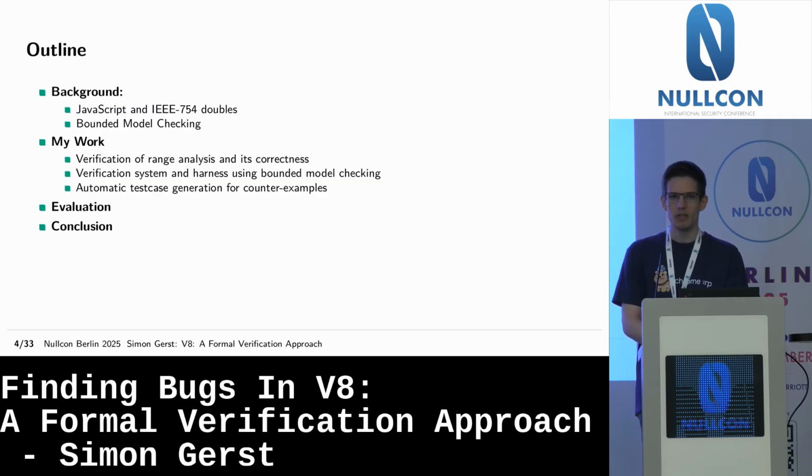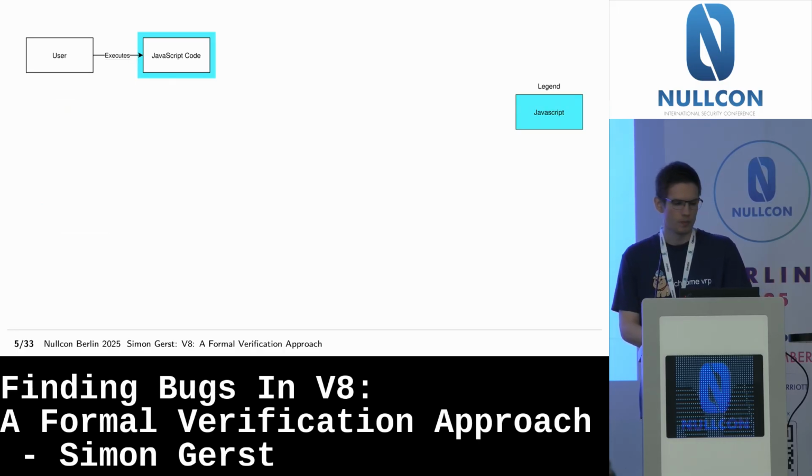I will explain the system and harness I built so that I can use bounded model checking, and then my automatic test case generation, which goes from the counterexamples I get to an executable JavaScript proof of concept. As this was academic work, and every work should have an evaluation section, I then conclude with a conclusion.